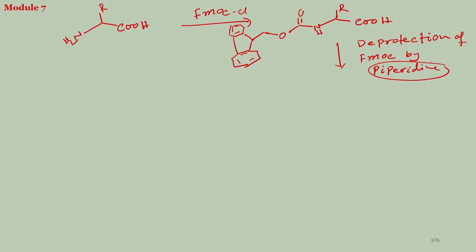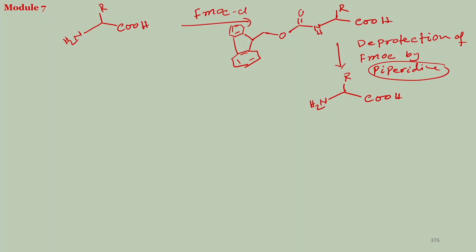Piperidine is a mild base, it is a Lewis base actually. So, a very mild base. In the presence of the base, it can be deprotonated to give you the free amine. So, deprotection of Fmoc occurs under basic condition.